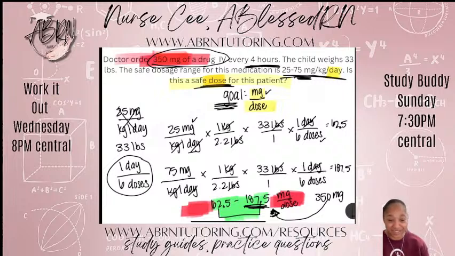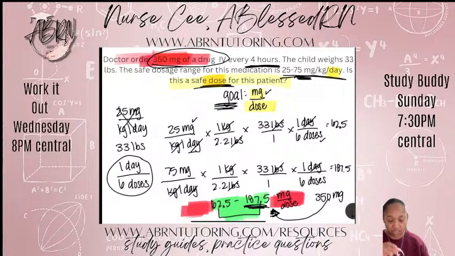So the way that you enter in the calculator, you do your numerator. All of your numbers in your numerator multiply. Okay, I got you, Ray. Hold on, let me tell you how to put it in the calculator. 75 times 33. I don't enter in the ones, okay? 75 times 33, divide.